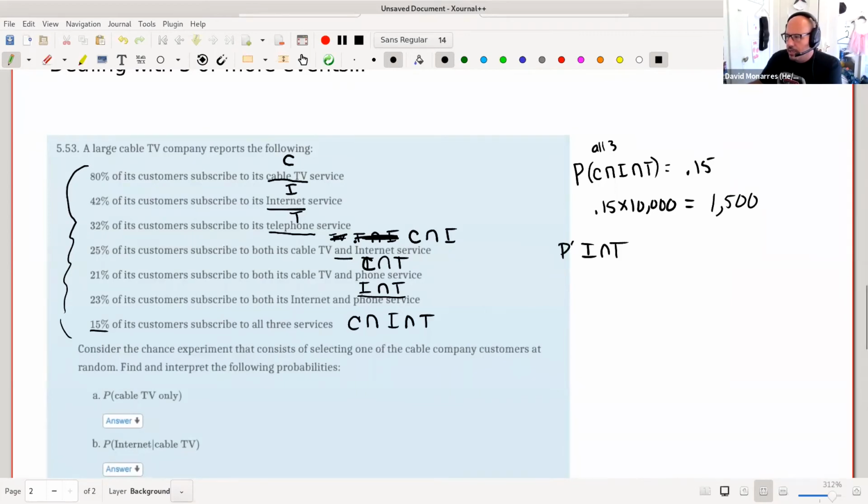The probability that you are going to have an internet and TV user in this group is 23%. So that means that 23% of our 10,000 people are going to use both internet and TV. So we're going to have about 2,300 people.